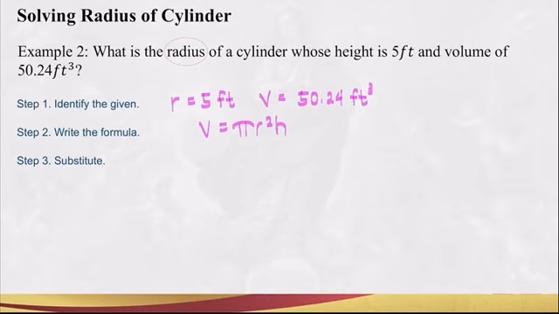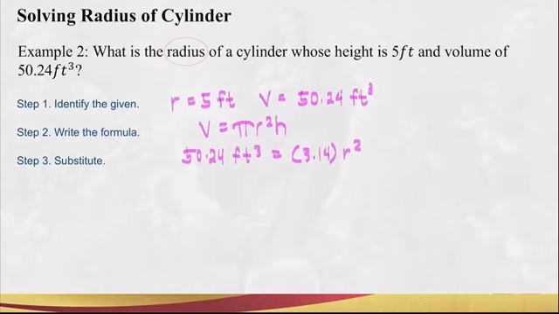Step number 3 is to substitute. Yung given natin ay isasub natin dun sa ating formula. So, ang volume natin ay 50.24 cubic feet equals 3.14 r squared. Wala tayong r kasi yan yung hahanapin natin.